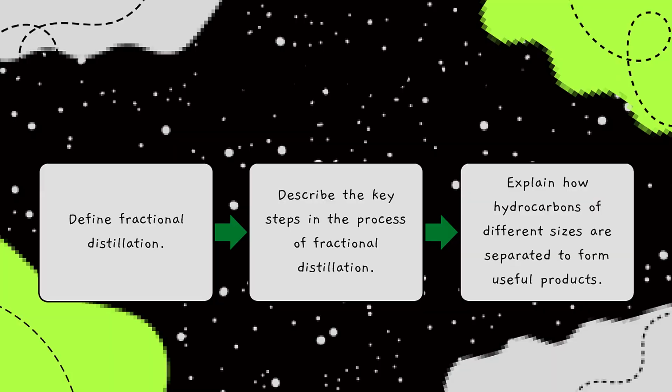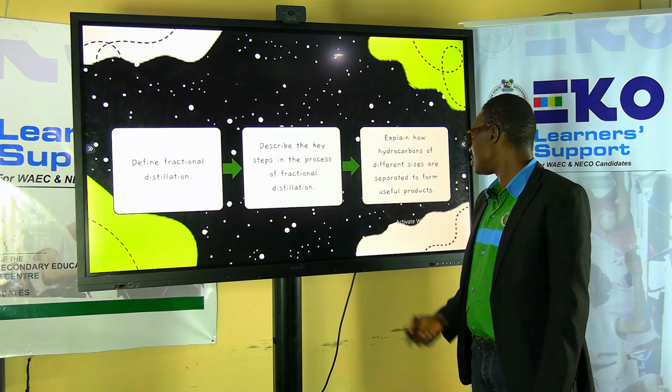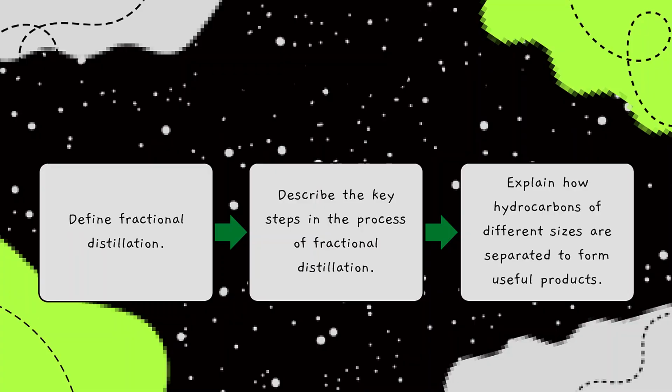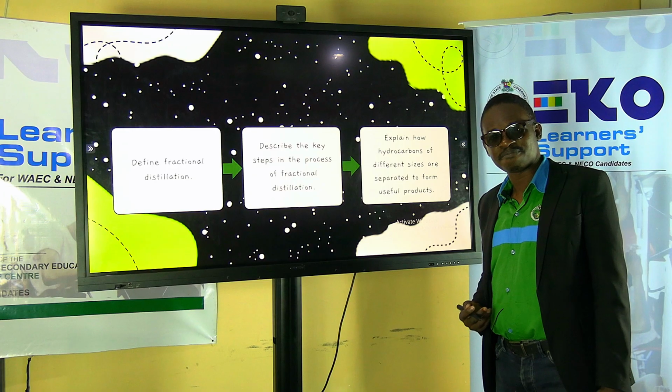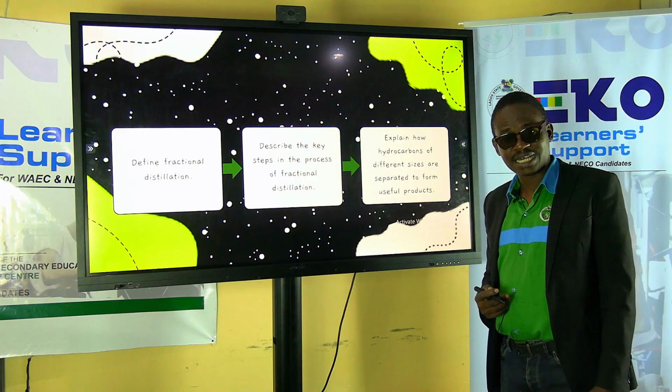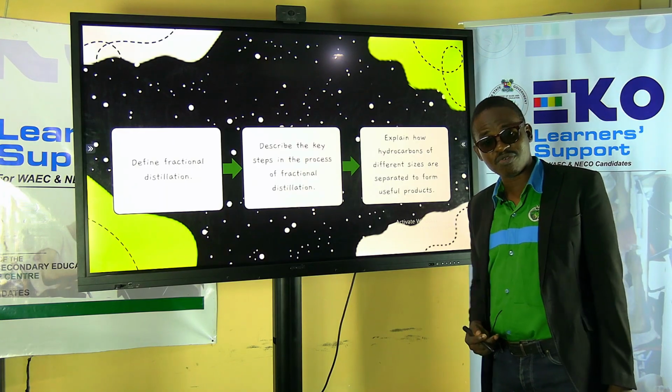Second, describe the key steps in the process of fractional distillation. Then lastly, explain how hydrocarbons of different sizes are separated to form useful products. These are things that we're going to be talking about as we move on with the class.